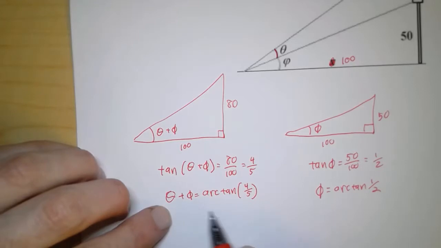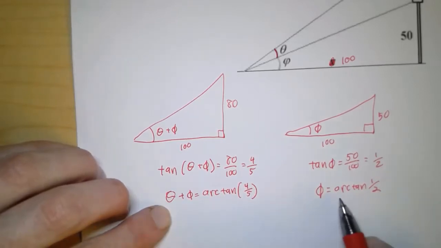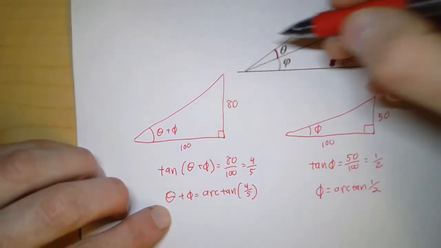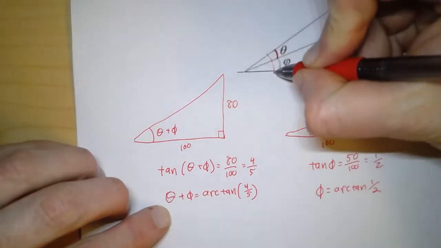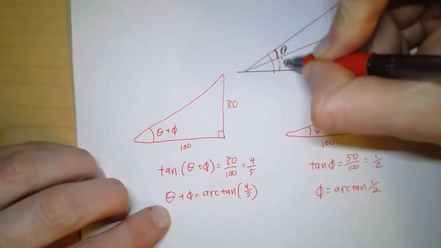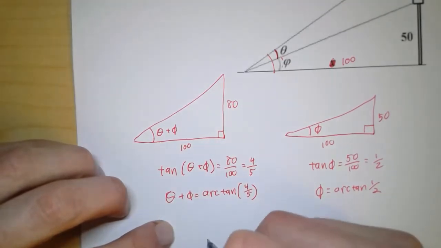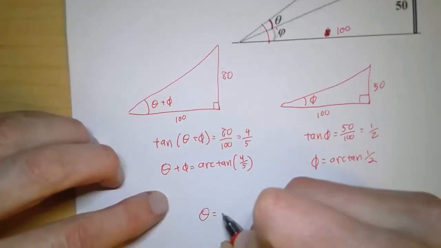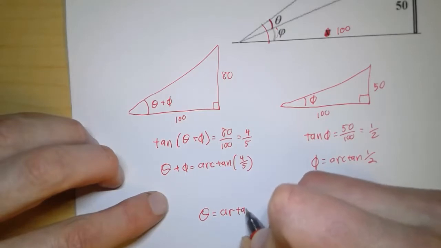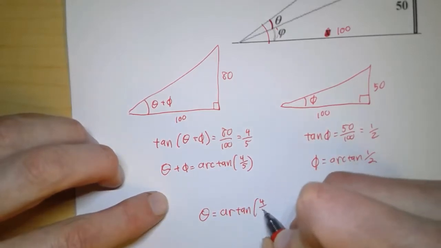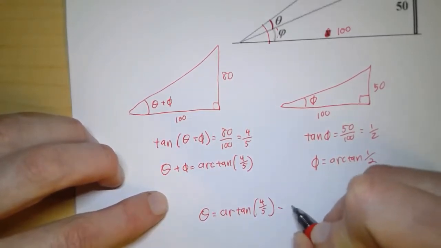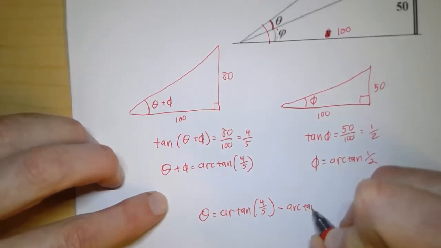So this quantity represents both theta and phi, and this represents just phi by itself. So what I've found is this angle, and this angle. So to find theta by itself, what I have to do is subtract them. So theta is going to equal arctan of 4 over 5 minus arctan of 1/2.